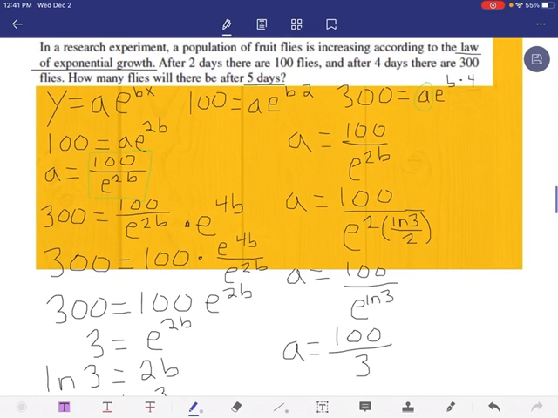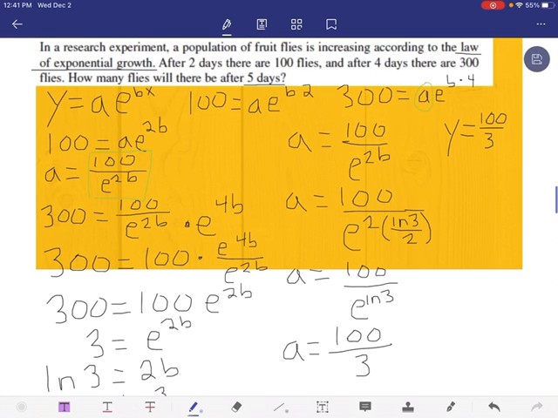So now, after all of that, remember that our a and our b are not what we're actually looking for. We want to find our overall equation. So now that we have those two things, we can use those to plug in to our original equation.